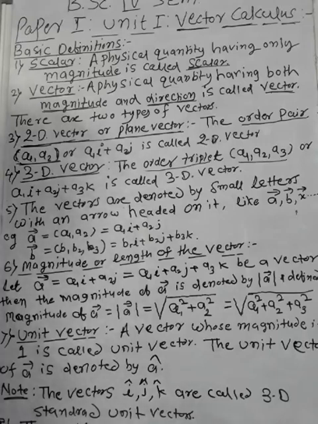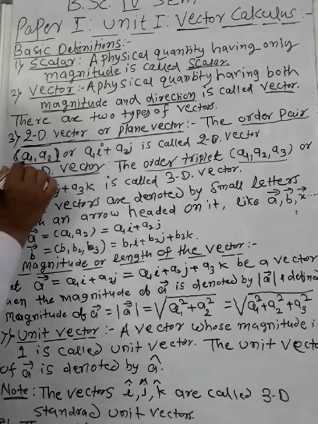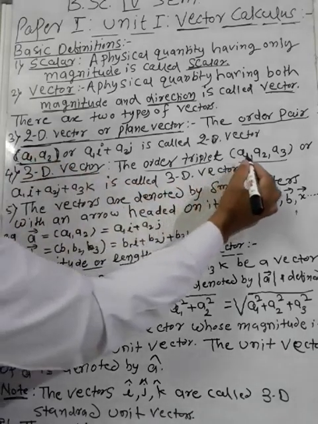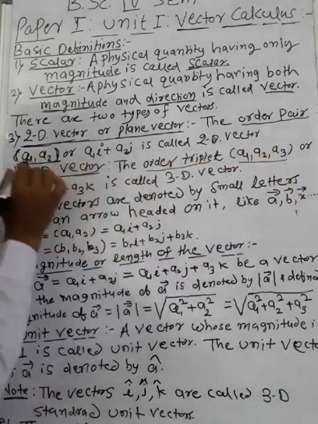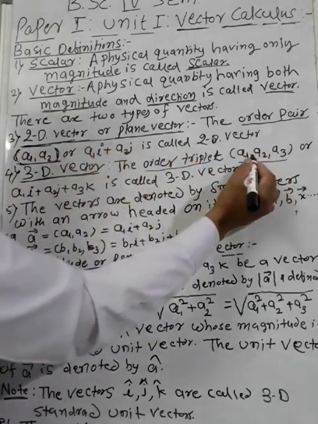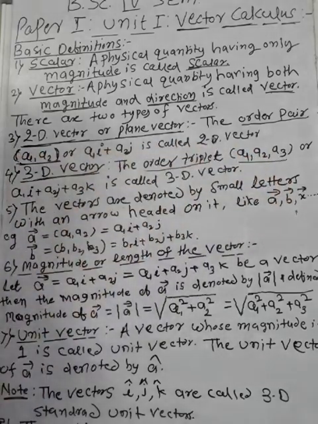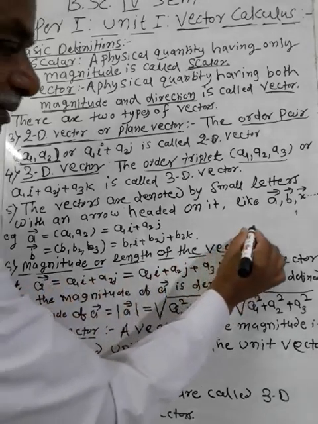Either we can represent it as an ordered pair a1, a2 or an ordered triplet a1, a2, a3. It is two-dimensional and it is three-dimensional. There is one more notation to represent the vector, and we can represent a vector in terms of unit vectors, and the standard unit vectors are i, j, k.